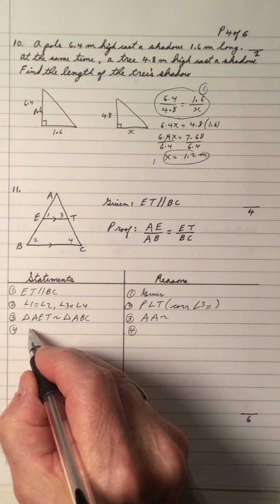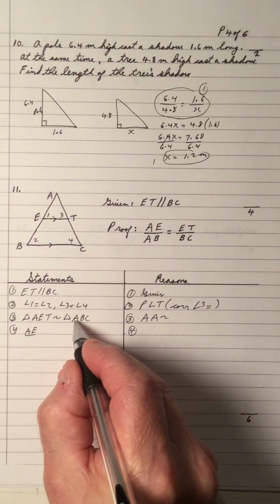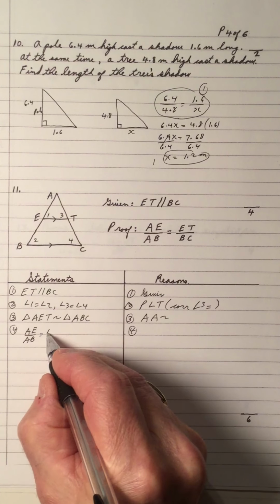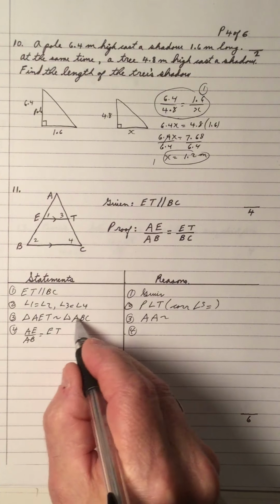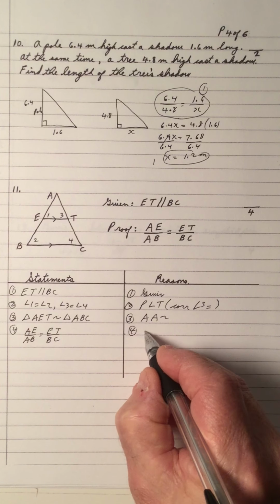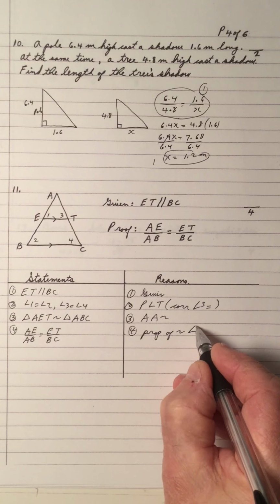And now I get the proportion. AE over AB equals ET over BC. And that's the property of similar triangles.